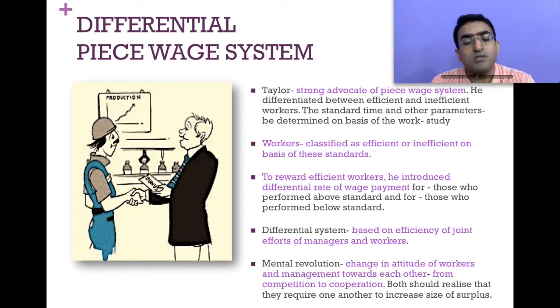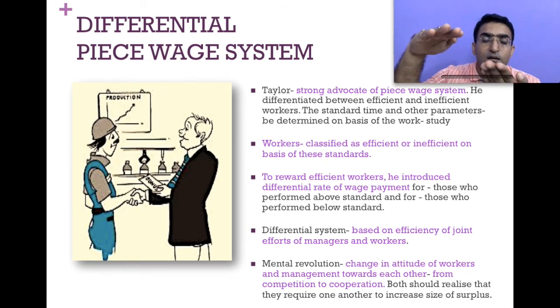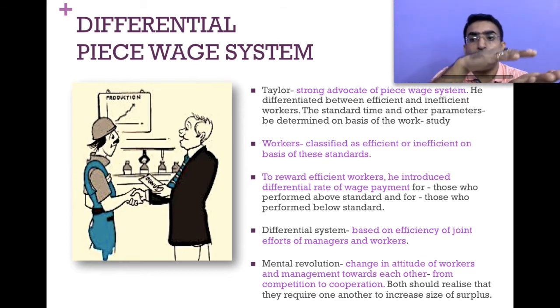And that was based on the efficiency of joint efforts of workers and the managers, because in this whole system, managers will be supervising, workers will be working. So managers and workers, both of them are going in coordination with each other to make sure this system works.